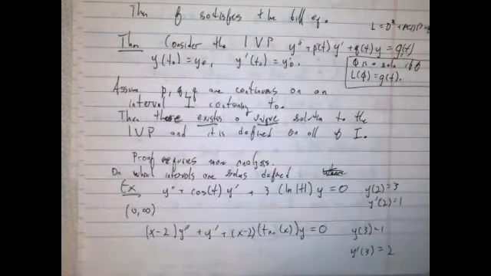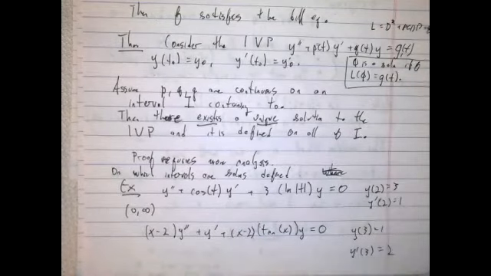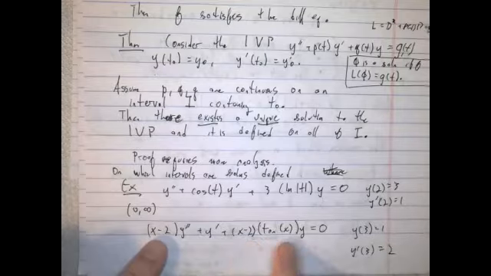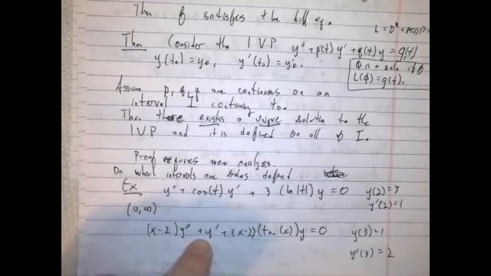Has anyone finished this one here? Okay, right. So what we first have to do is divide everywhere by x minus 2. So the coefficient in front of y prime is going to be 1 over x minus 2. Where does that have discontinuities? x equals 2, of course.